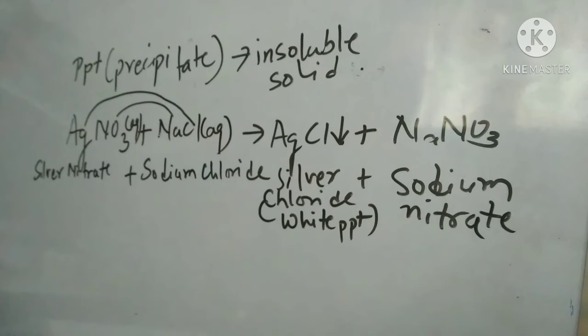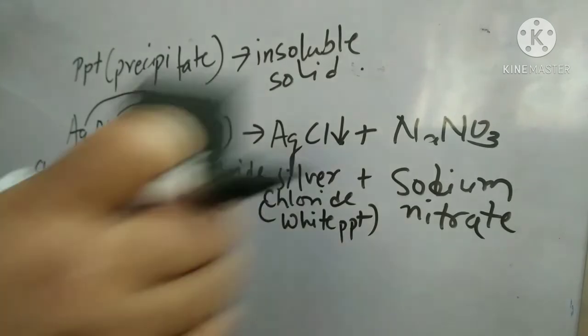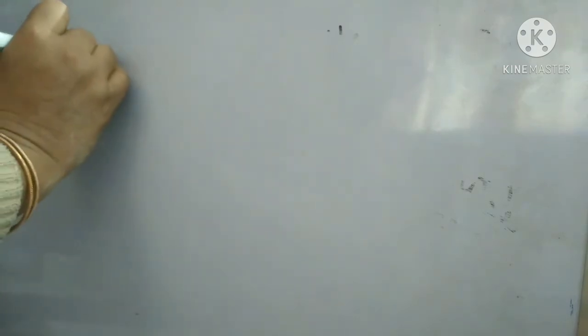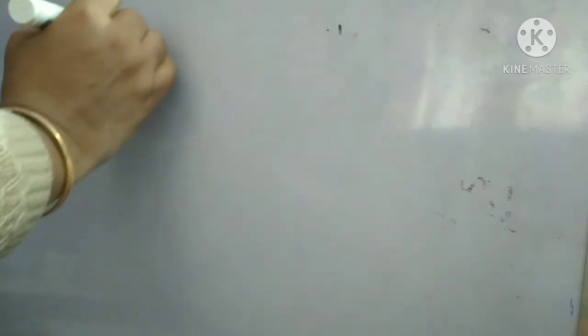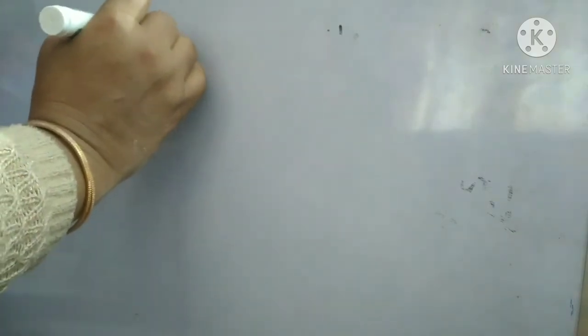Now, after that, one more example we can take where the formation of precipitate is taking place, that is barium chloride. Barium is 2 plus, chloride is 1 minus. So the formula for barium chloride is BaCl2, plus sulfuric acid.